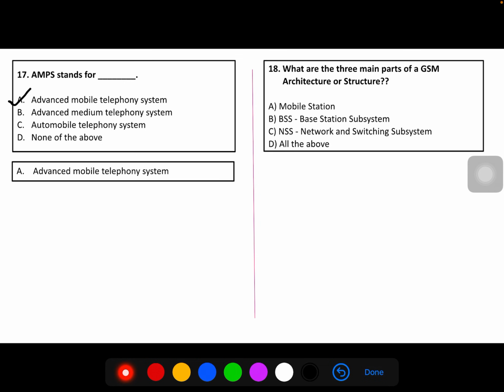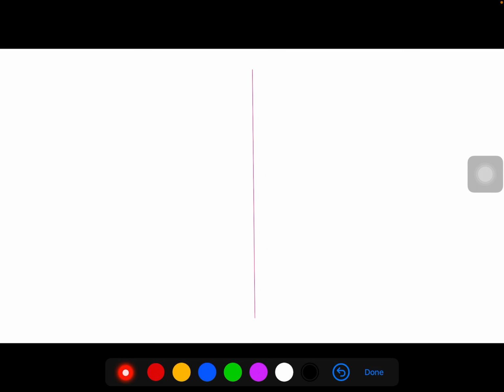The second was BSC plus BTS, that means base station subsystem. And the third part was MSC and all the registers, that was the network and switching subsystem. So all the options given in A, B, and C are correct, and hence the correct option is D, which states that all of the above are correct.